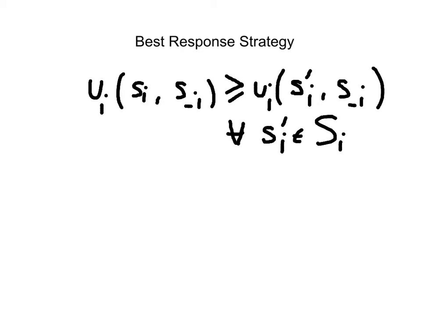The big difference between the best response strategy and the dominant or strictly dominant strategy is that for the dominant strategy, this would also be true for all strategies potentially played by other players, and not just the given profile of strategies played by other players. So this would be true for all such strategies potentially played by other players.